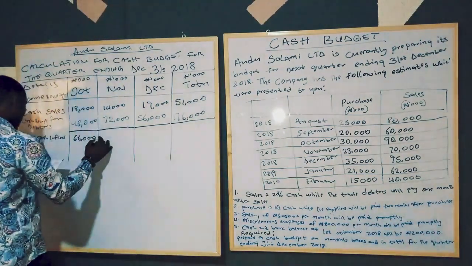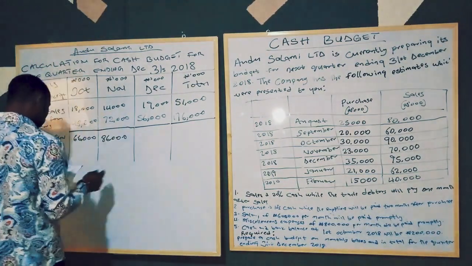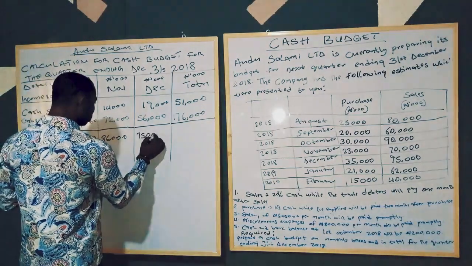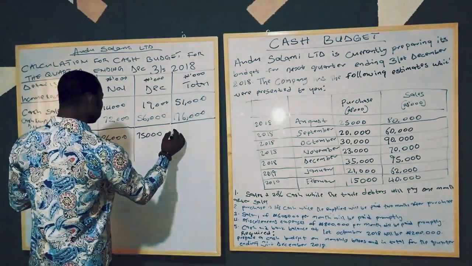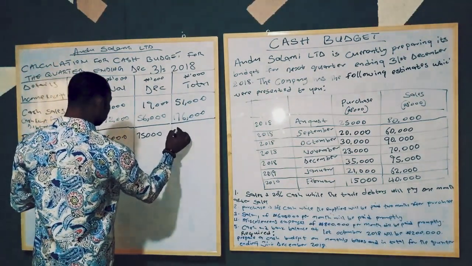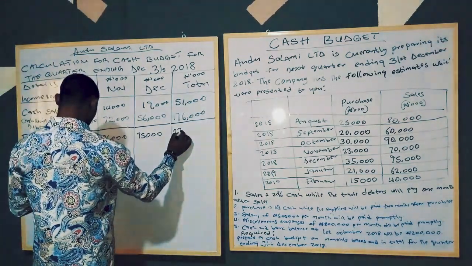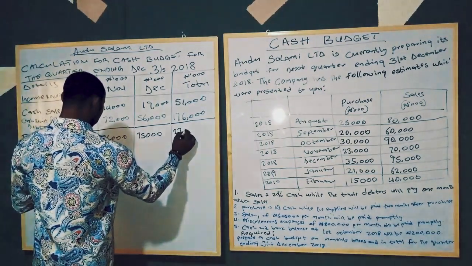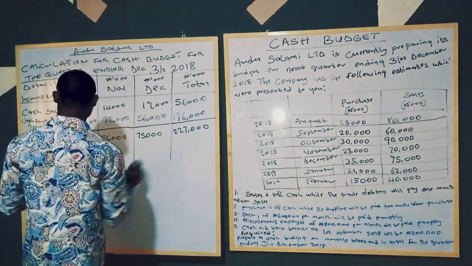When we add the two together, it gives us 66,000, then 86,000, then 75,000. Adding everything together gives us 227,000.